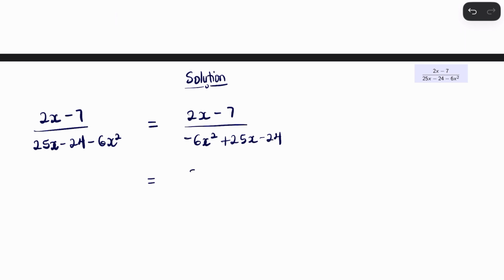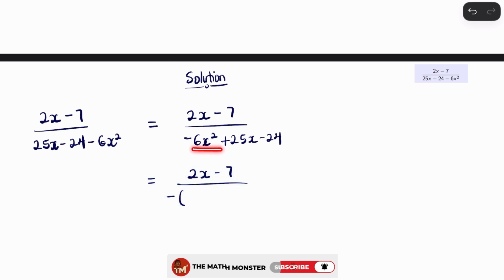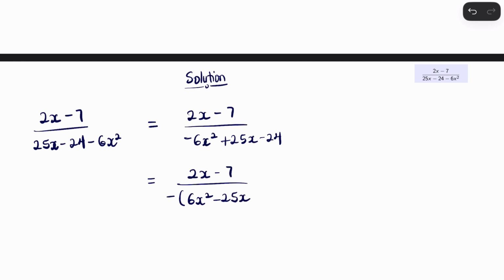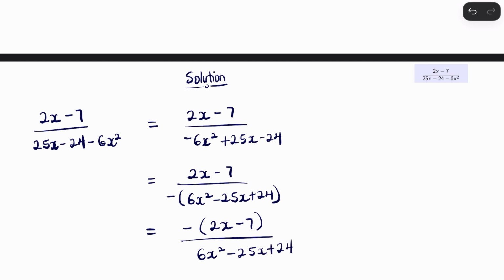So that's going to give us 2x minus 7 divided by minus, then the denominator is going to be 6x squared minus 25x plus 24, right? So we have minus (2x minus 7) divided by 6x squared minus 25x plus 24. Good.